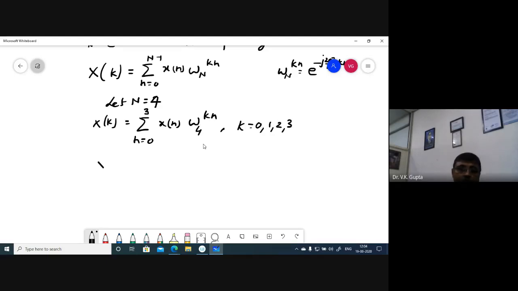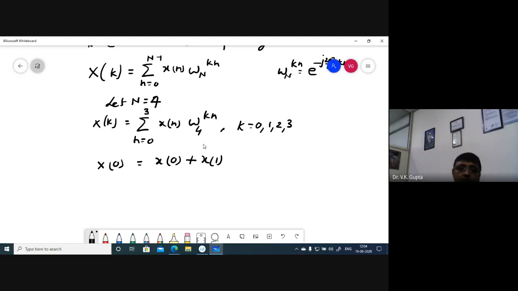Means we have X(0) equal to, for n equal to 0, x0 W_4^(kn), where k and n both are 0, plus x1 for k equal to 0.